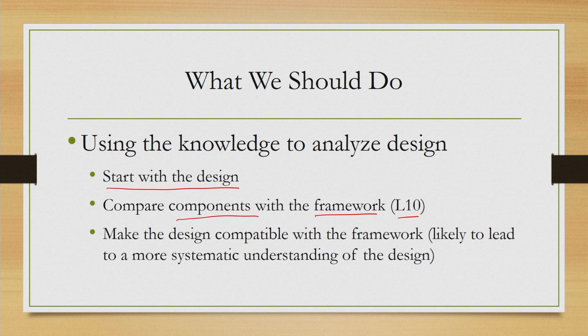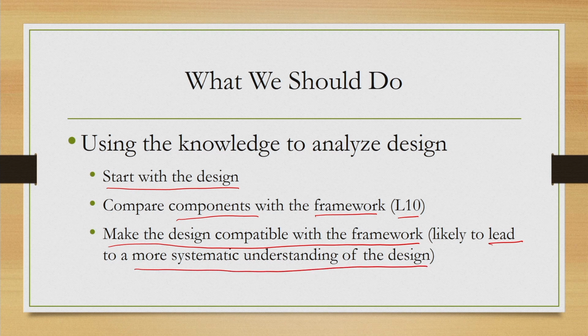Now, during this mapping, if you find that some components of the framework are not represented well in the design, or some components of the design are there which do not have any corresponding counterpart in the framework, then you may try to make the design compatible with the framework. Now, why is that going to be helpful? Because if you manage to do that, it is likely to lead to a more systematic understanding of the design.